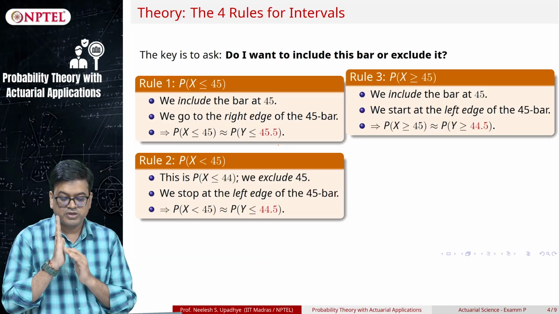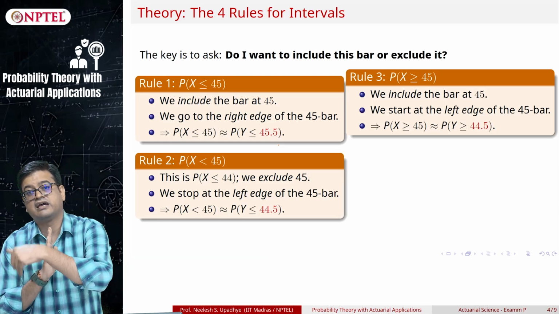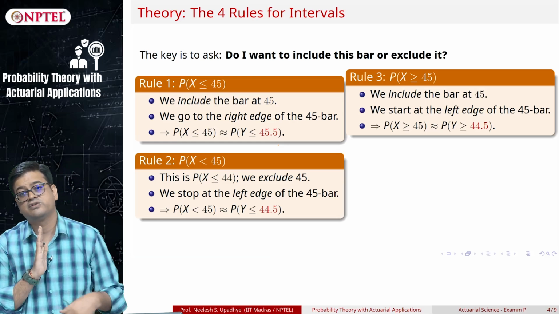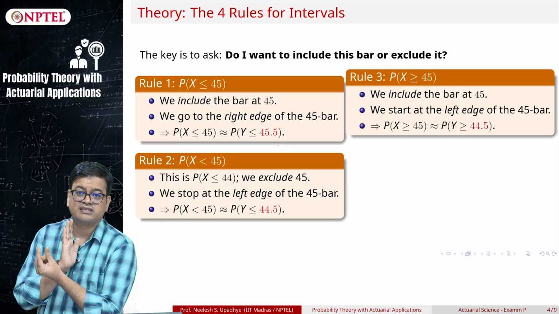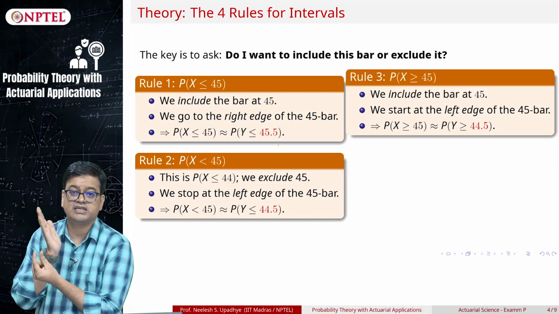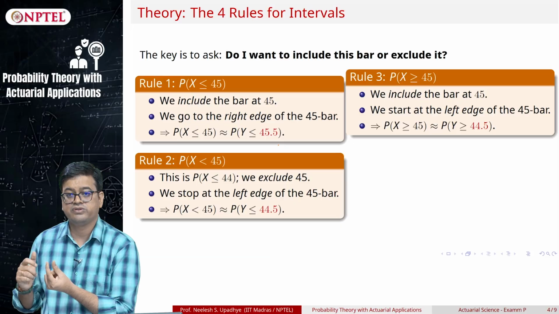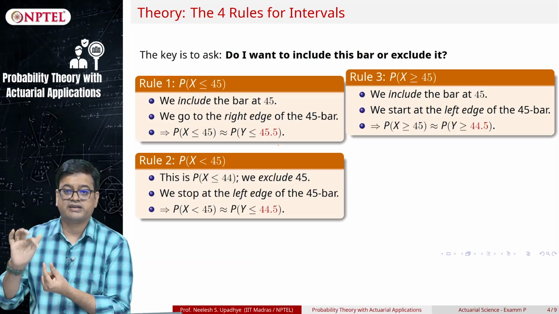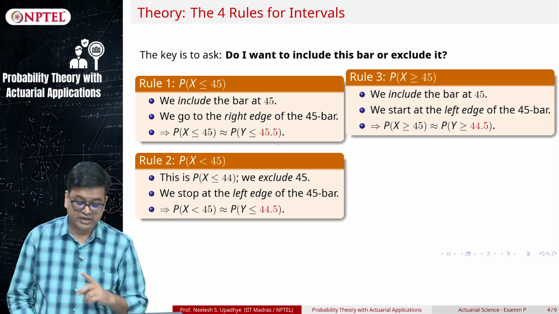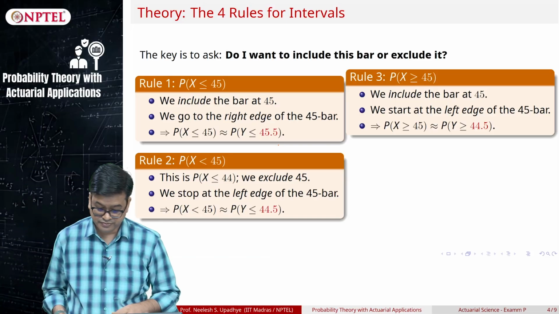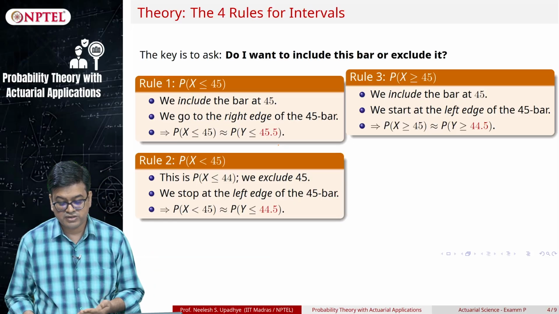If you equate it with y greater than or equal to 45, then the half length that is distributed for 45 is accounted in that probability computation. You do not want to do that, right? So it is y greater than or equal to 44.5, because I do not want to exclude 45, which is logic similar to rule 2, but with greater than or equal to sign.